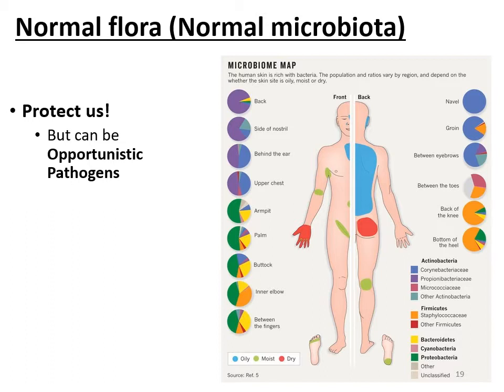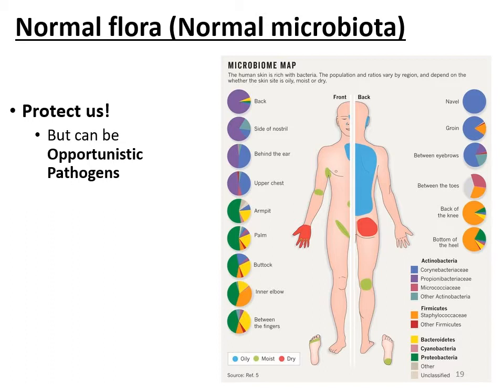Okay, so what does it mean to be an opportunistic pathogen? Again, those are the bacteria or the microbes where normally they're being good, they're helping us. But if the opportunity presents itself, they will take advantage.